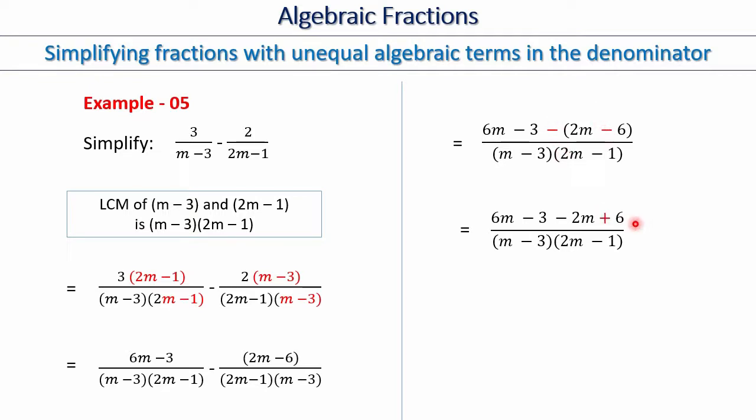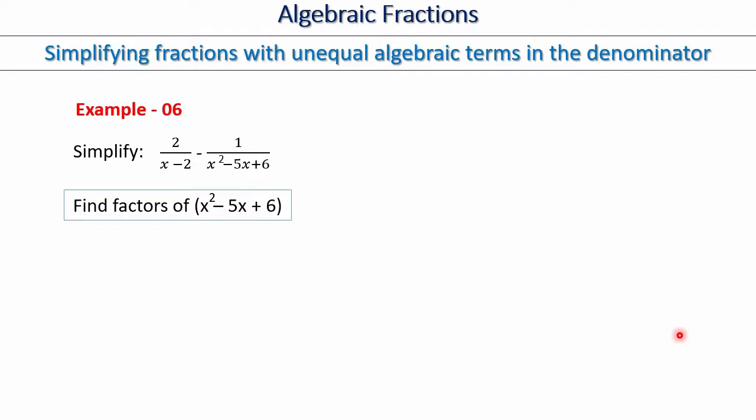You have to be very careful at this point. And this is the denominator. So if you add this numerator, 6m minus 2m is 4m, minus 3 plus 6 is plus 3. So this is the final answer.